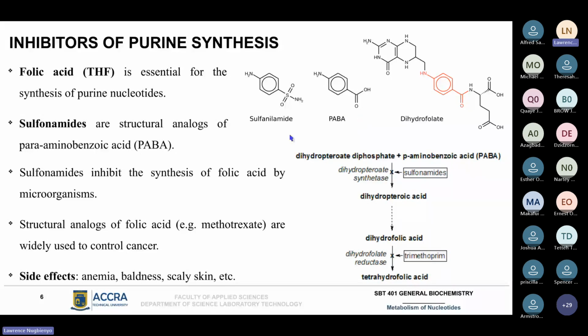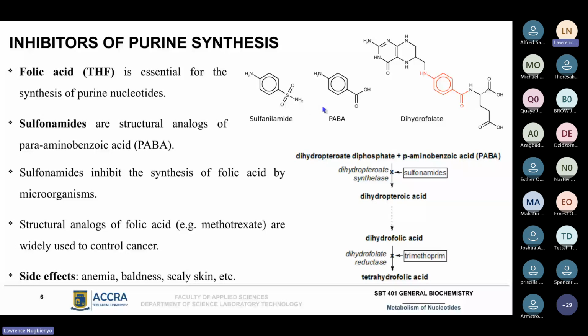So again, the sulfonamide and para-aminobenzoic acid are structural analogs. They look the same in structure, but functionally they are not the same.